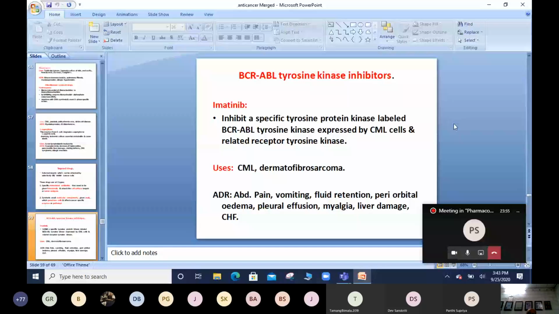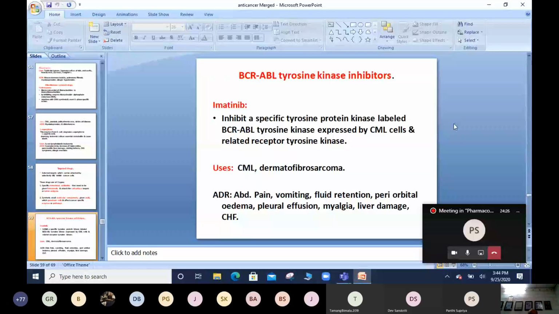First, the BCR-ABL tyrosine kinase inhibitor. These drugs in general belong to a family called tyrosine kinase protein inhibitors. Depending upon the specific target, they are called BCR, ABL, etc. What is this BCR-ABL?